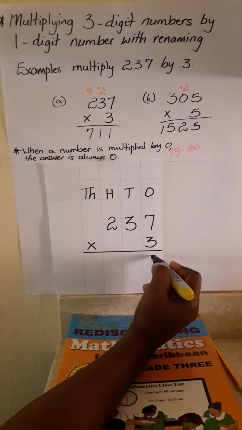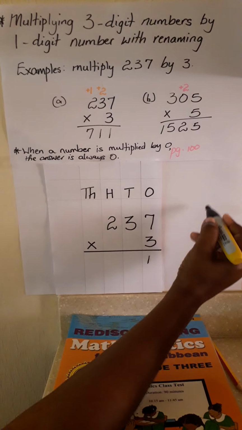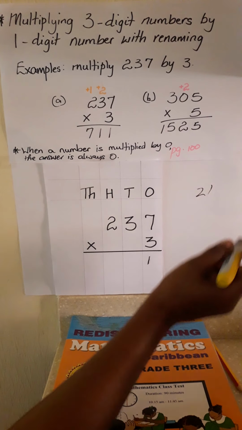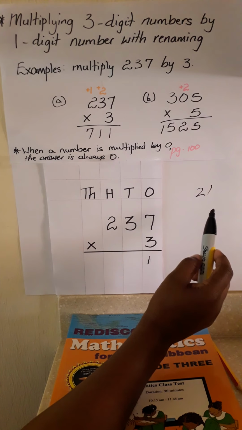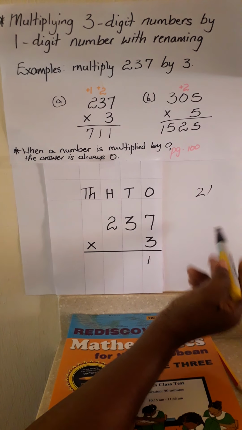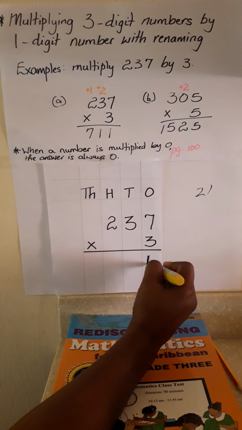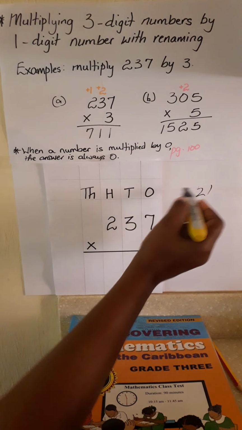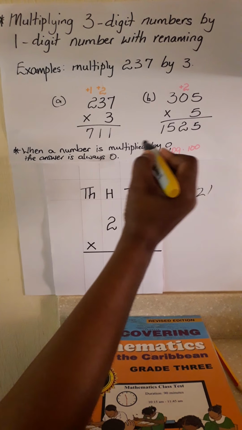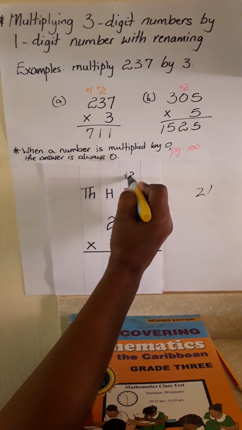We'll put the 1 right here. 21 is made up of 1 one and 2 tens. So we leave the 1 in the ones column, and we take the 2 over to the tens column. We must remember to add it when next we multiply.